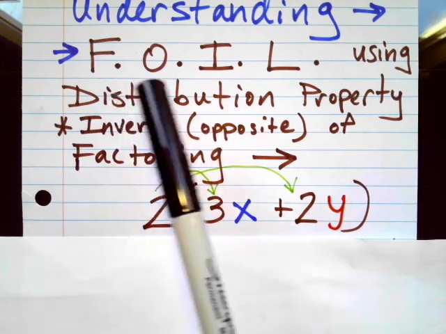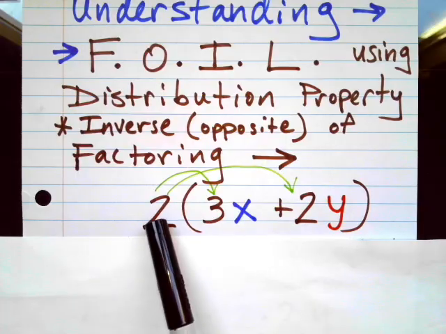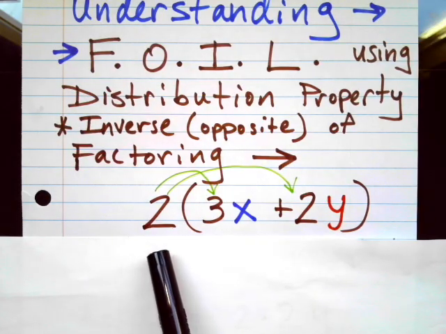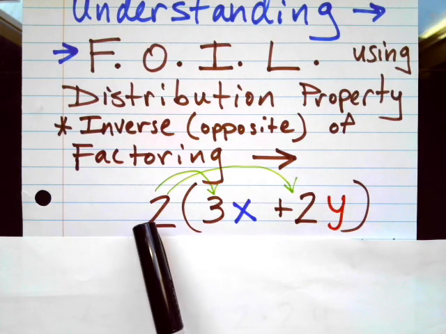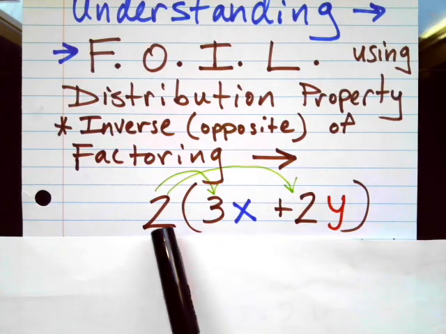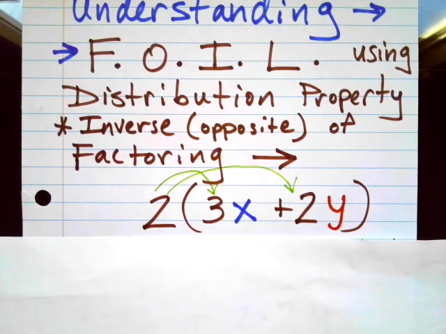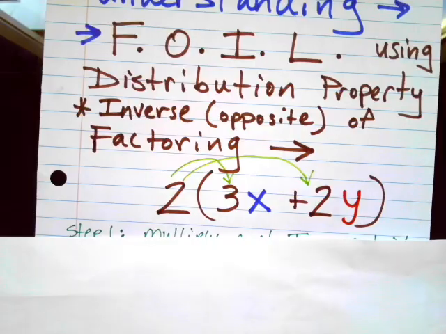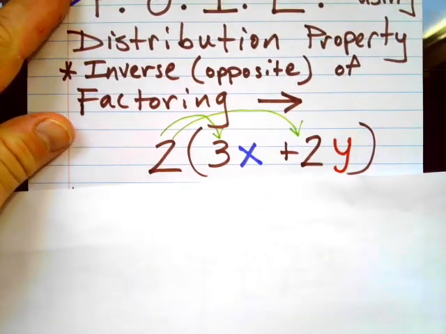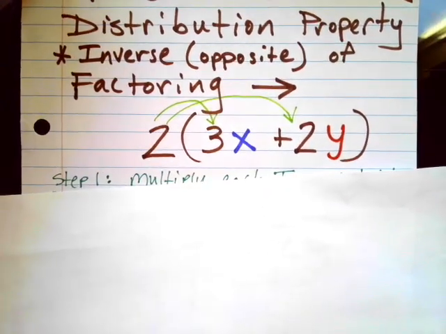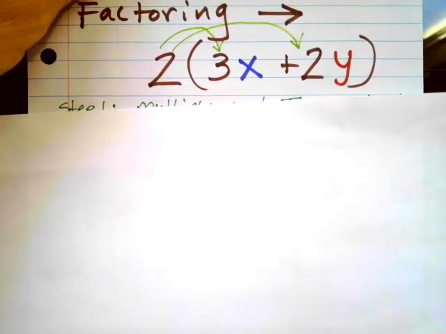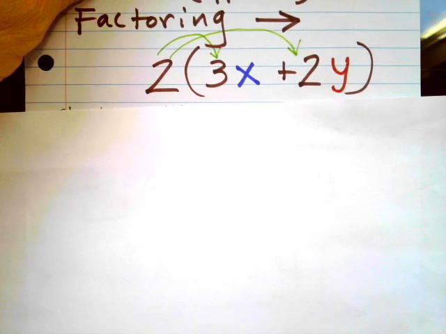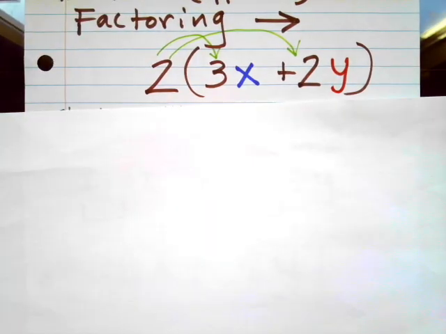Now, when we're dealing with FOIL, you add a second term on the outside of the parentheses, but it's pretty much the same thing as the distribution property. You're going to multiply 2 times 3x plus 2 times 2y, as you can see here with the arrows indicating where you're going to be multiplying within those parentheses. So this is an example of the distribution property again.